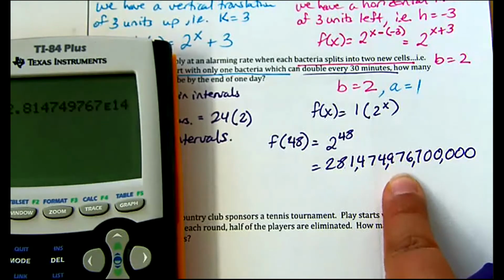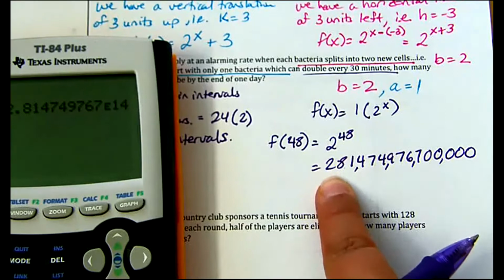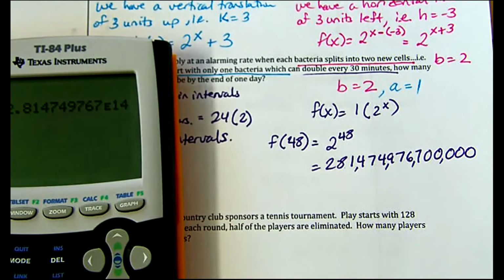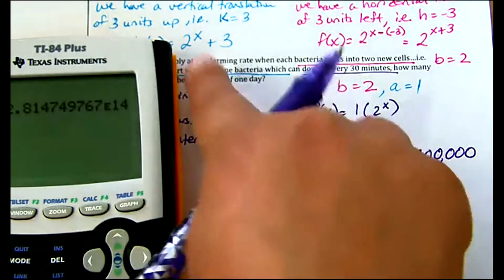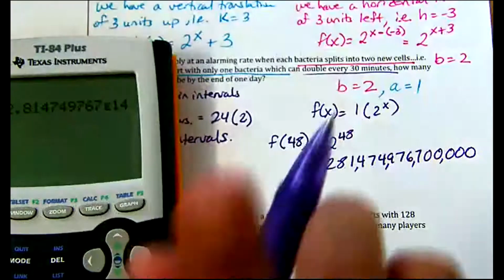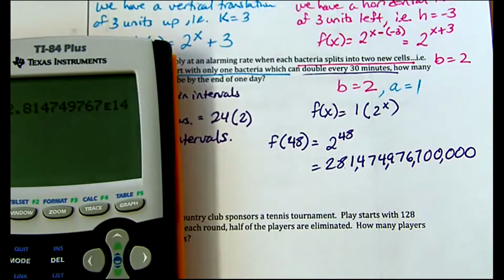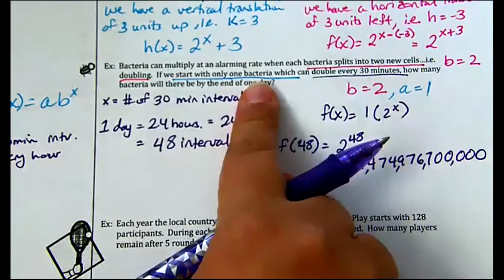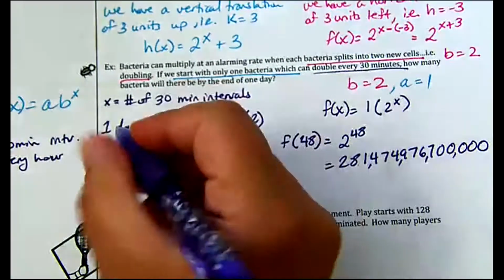That millions, millions, billions, trillions? 281,474,976,700,000 bacteria by the end of one day. And that's starting off with 1 bacteria, y'all. 1 bacteria. Oh boy. So, word problem deserves a word answer.